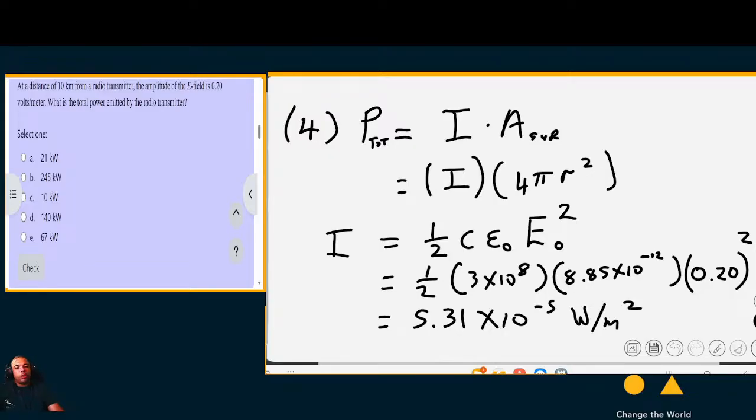Remember, our very first problem was on intensity, and this is what we measure intensity in, the amount of power per unit area. Okay, power per unit area. And that makes sense. Intensity is power per unit area, so we want the total power.